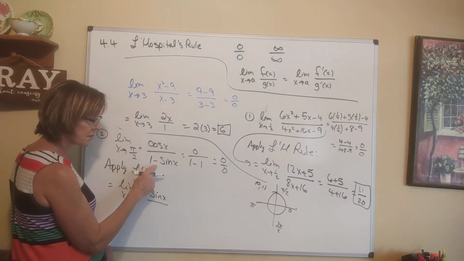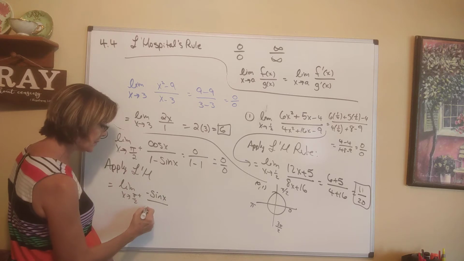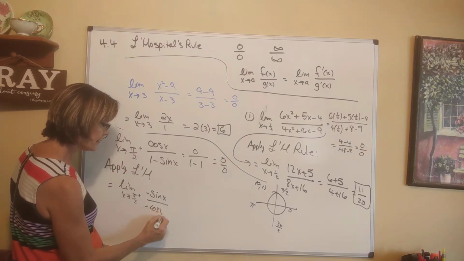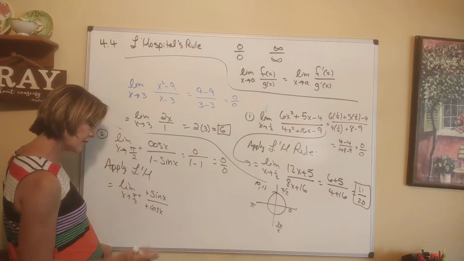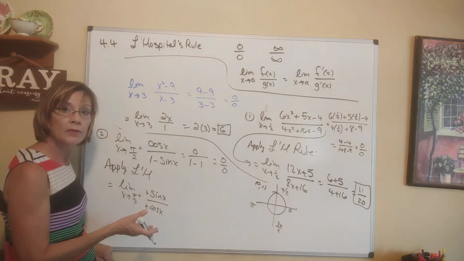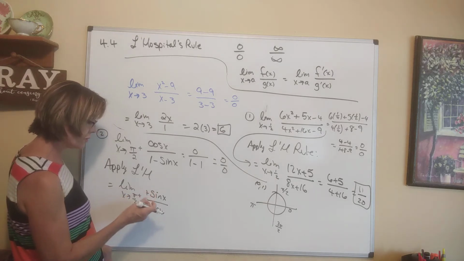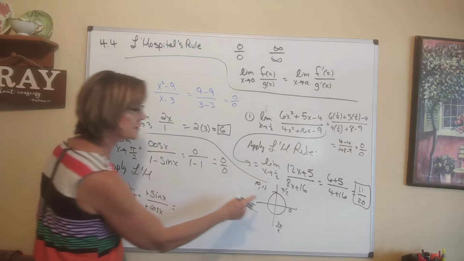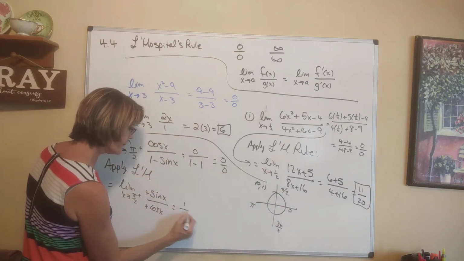This negative 1 is a constant that just gets multiplied by the derivative of sine, so this is going to be negative cosine when we take that derivative. Okay, a negative over a negative is a positive. Let's use direct substitution, see what happens. If we put in pi over 2 to the sine of x, what happens? Sine of pi over 2 is 1. We get a 1.